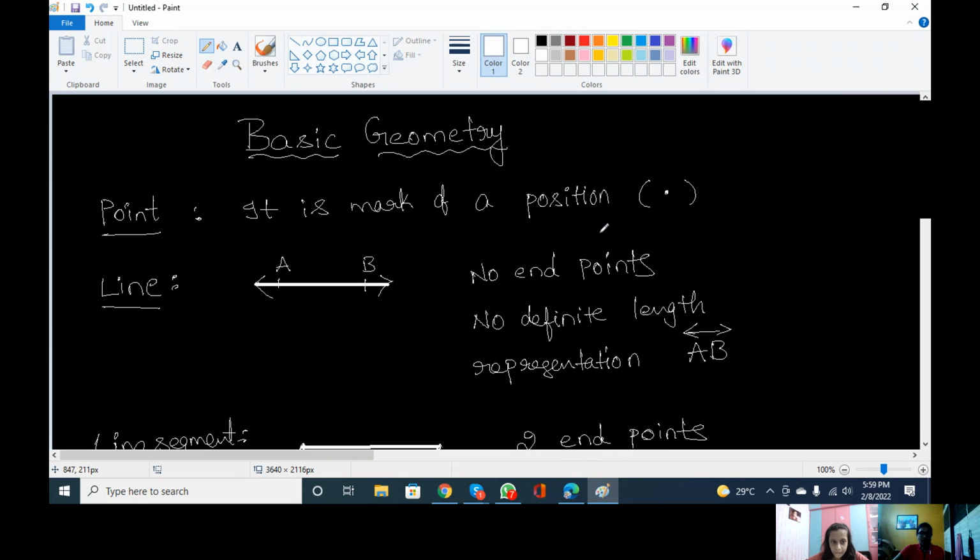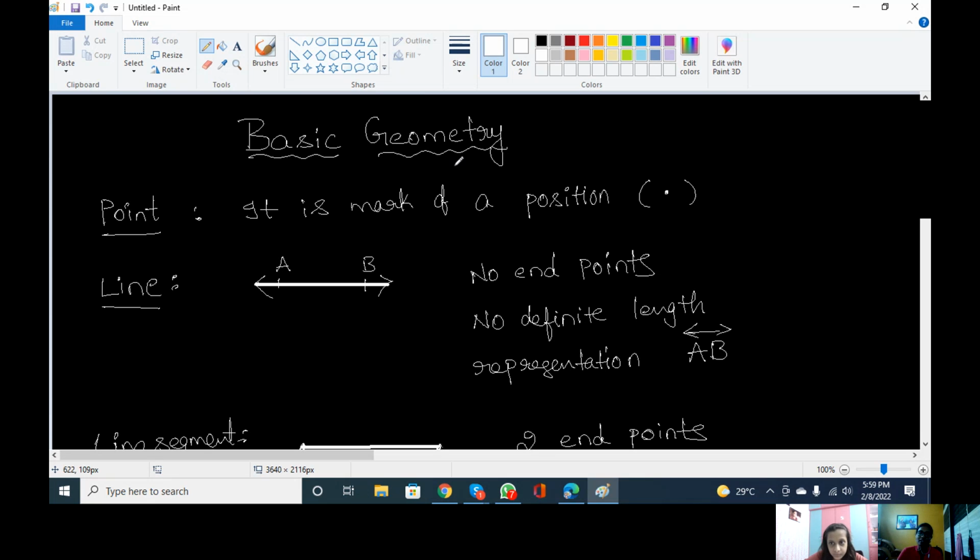First of all, geometry. Where do we use geometry in real life? When a mason or an engineer has a plan to construct a building, he needs geometry. A designer needs geometry.